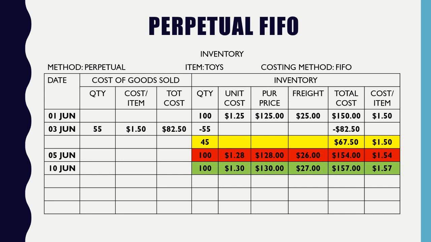I just purchased my second batch of inventory, and I just made my third batch right here. So now the color coding is going to keep my numbers intact, in order, okay? So I have three batches of inventory: yellow, red, and green, in that order.